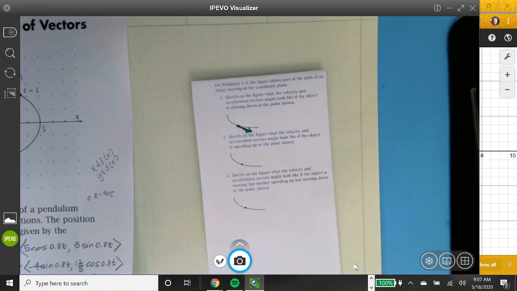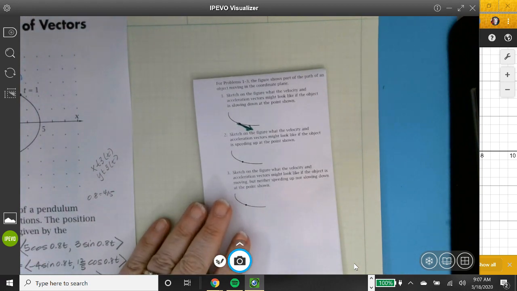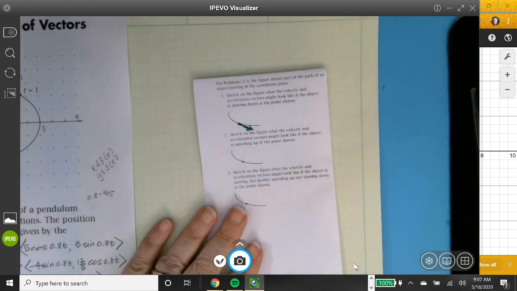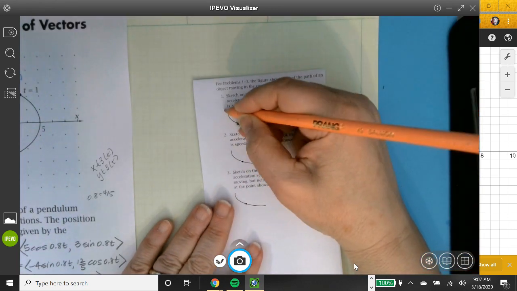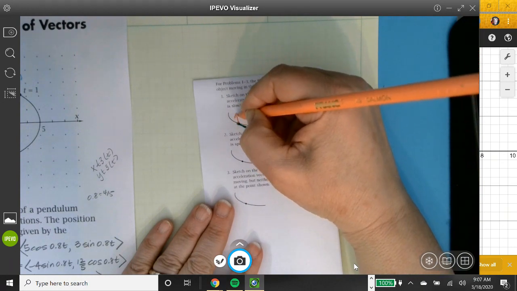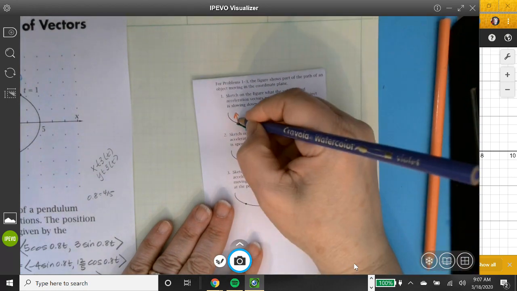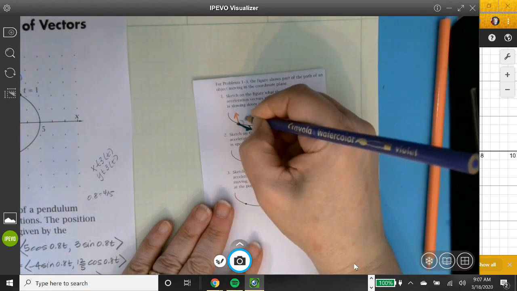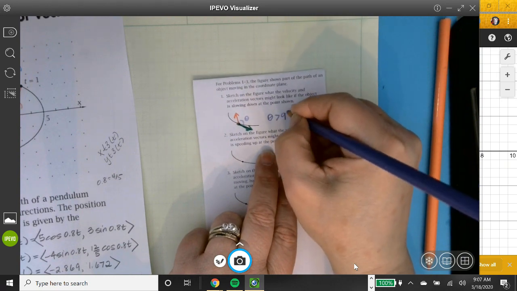Okay? If your particle is slowing down, then the acceleration, which always points inwards towards the concavity, is going to be in this direction, where this theta is greater than 90 degrees.